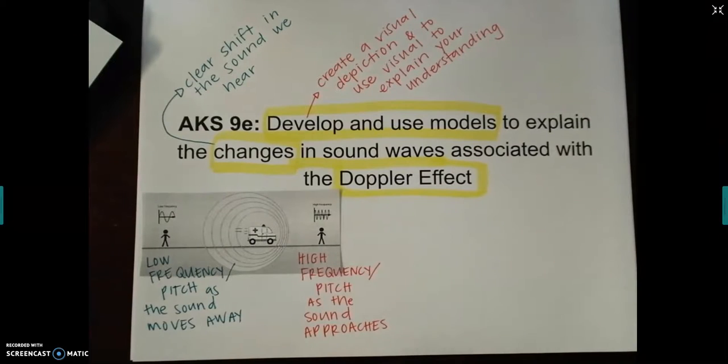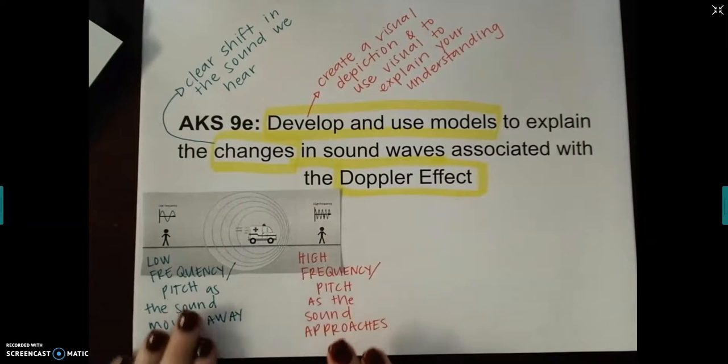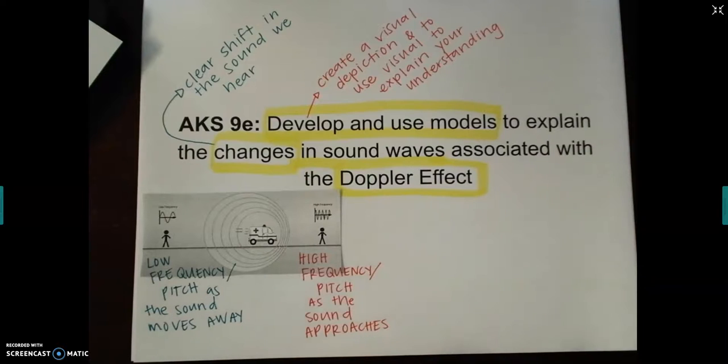So now we have this visual of the ambulance passing by, and we know that there's going to be a definite change in the sound as it's headed towards me and as it's moving away from me.